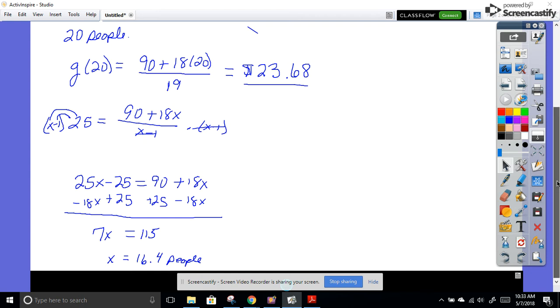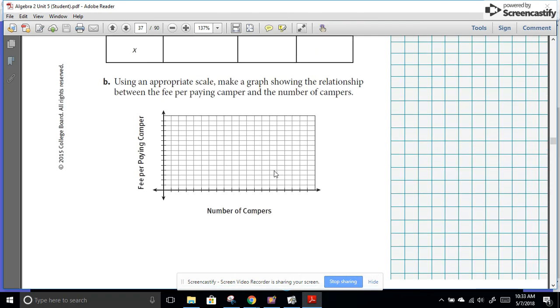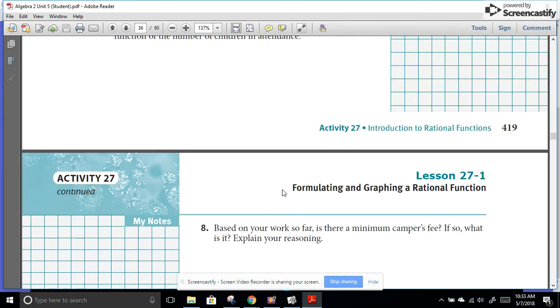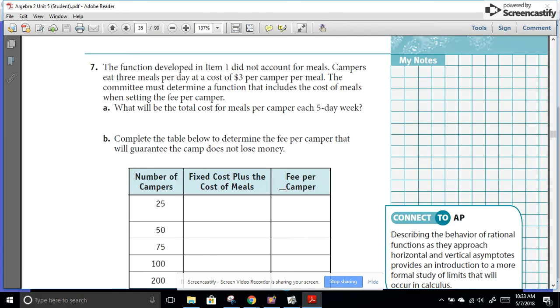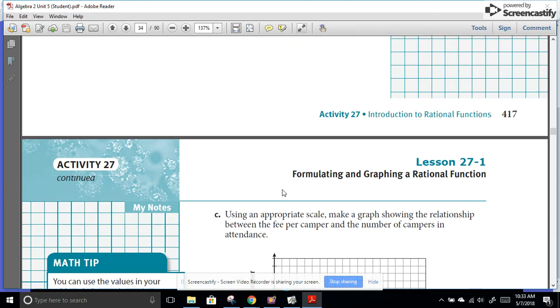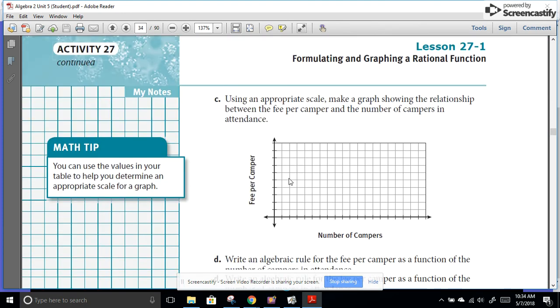These are the kinds of questions you're going to have to ask. You can go back to lesson 20, all the way back to 27.1 and 27.2. They take one of these situations and break it down into about a gazillion questions. That's why I didn't do it in class, because they take this 5-day camp problem and break it down into so many pieces that it just lasted forever.